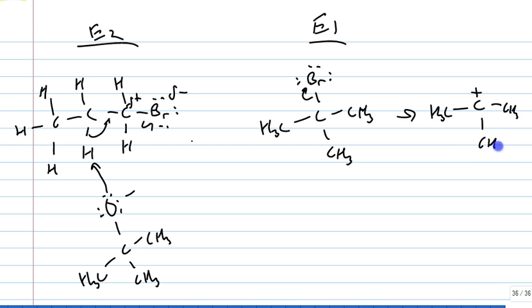So you may be thinking, well, if it starts the same exact way as SN1, how do I know if it's going to be SN1 or E1? And the fact is, you get both at the same time. They always happen at the same time. Now, the difference is SN1 is usually favored over E1 unless you have high temperatures, and then it switches. So it's like major and minor, and they switch at high temperatures.